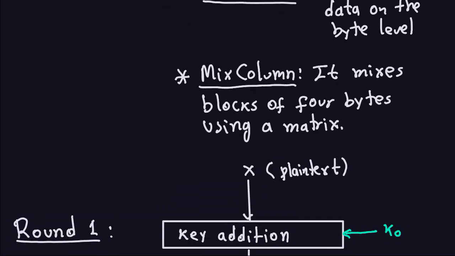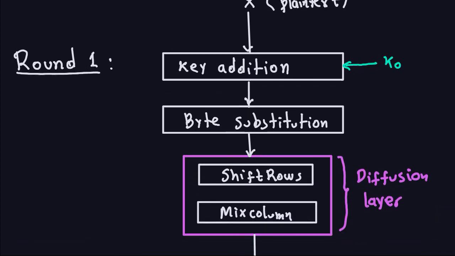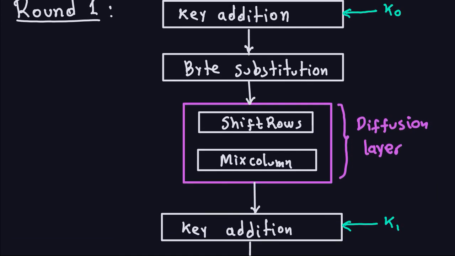Okay, so let's recall a little bit what the rounds are. Basically, you take a 128-bit block. You do a byte substitution, then you do a diffusion layer, which is composed of two main parts, the shift rows and the mix columns, and then you do a key addition layer.